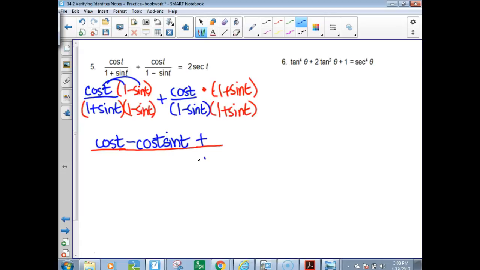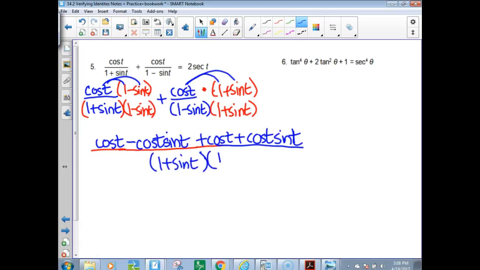T is just the angle measure, or whatever the angle is. And then cosine t times 1 is cosine t plus cosine t sine t. Lovely. That's the numerator of the new fraction that has a denominator of 1 plus sine t times 1 minus sine t. Or vice versa, I don't care which order you wrote it.